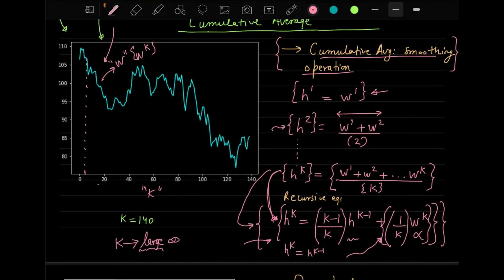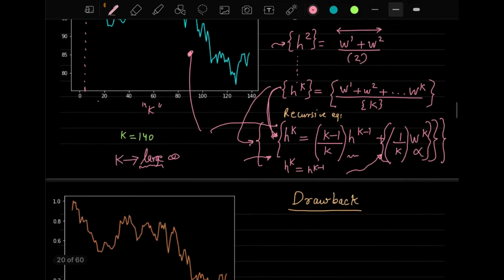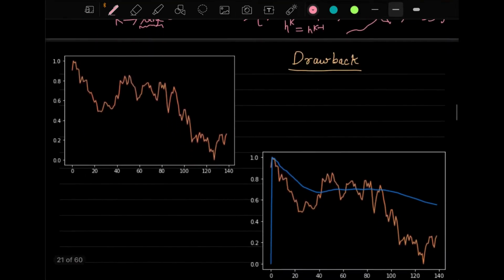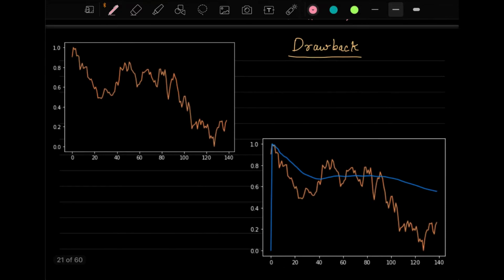So let us see how this recursive equation helps in denoising this image, denoising this sequence. So here you have an original time series and model which we have here. So this is k and this is w here. And now what we are doing?